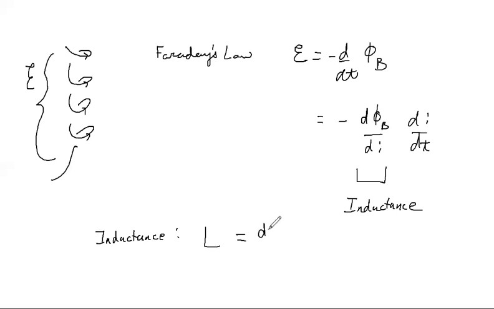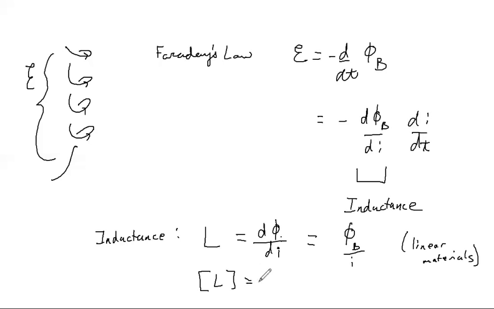You can write it as the rate of change of the magnetic flux with respect to current, or at least for all the examples that we will have, you can write this as phi B over I for linear materials, which is all we will talk about. In general it's a derivative, but this is what it is for us. It's a new quantity, and it has units. The units of L, inductance, are henries.